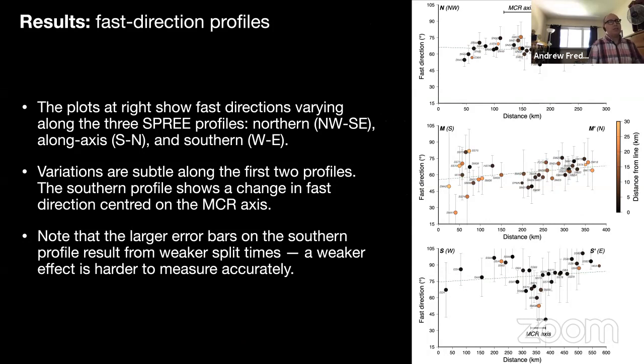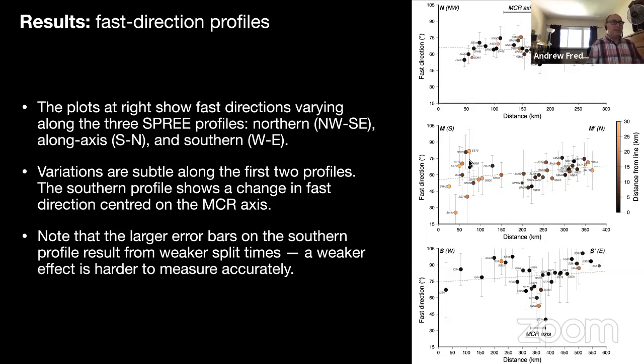So here's some results shown as profiles. I don't have a lot to say about these at the moment. These are the fast directions, so they're the orientations. And you can see that on the northern line, they're quite consistent. On the sort of north-south-ish line, the SM line, we see some variation, but mostly we see a lot more scatter to the south.